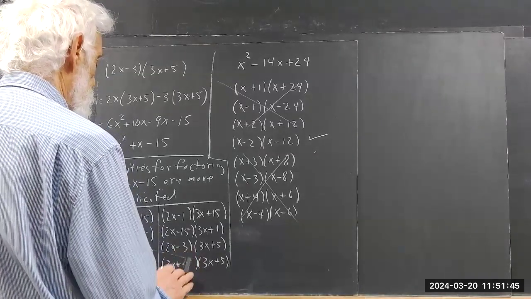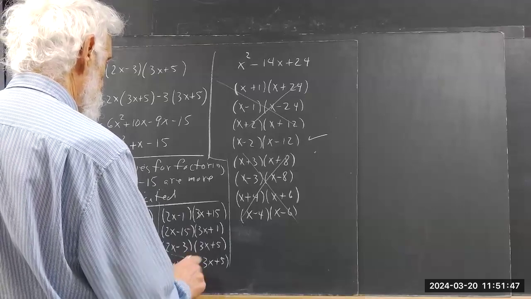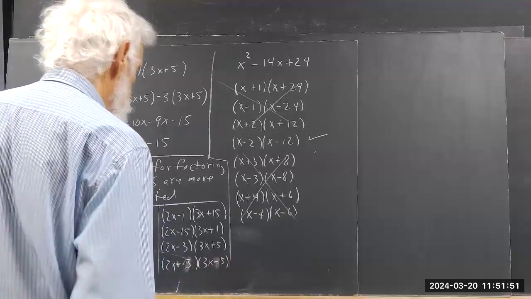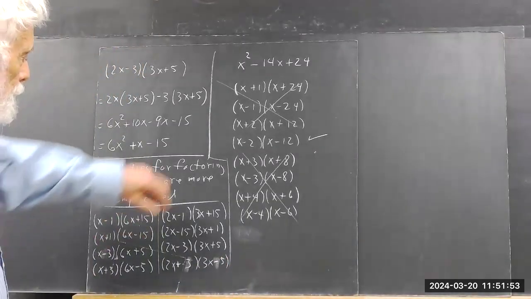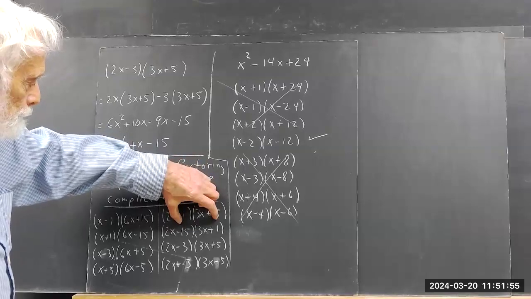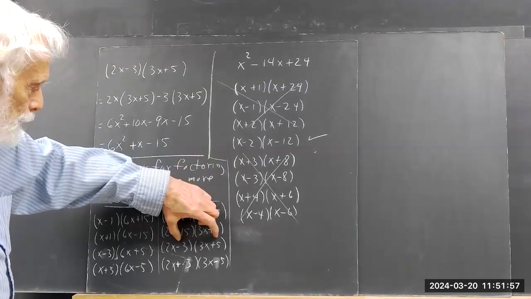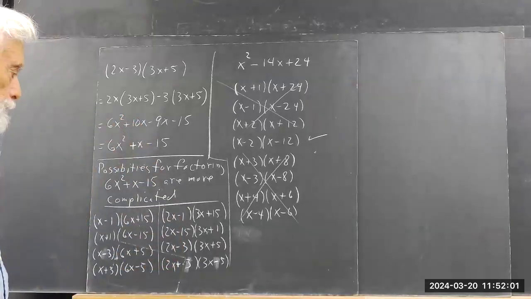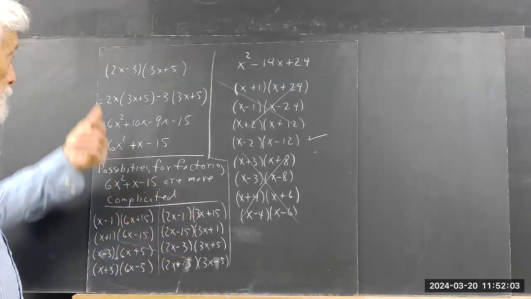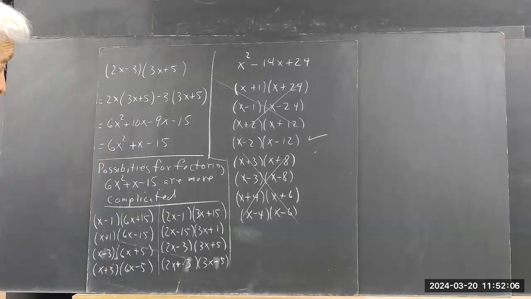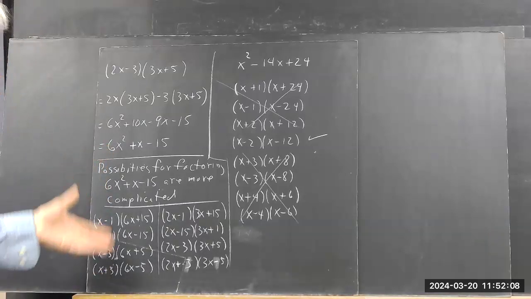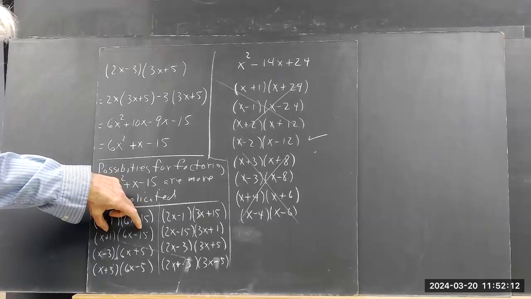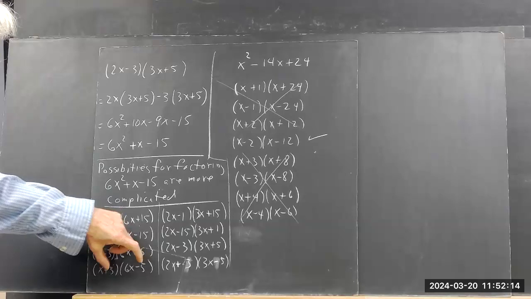That's being systematic, that was not good. Okay, now let's make sure we got -1, 15, -15, 1, -3, 5, 3, -5. Those all multiply out to -15, and of course, 2x times 3x gives us our 6x squared. Okay. Over here, same thing, -1 and 15, 1 and -15, -3 and 5, 3 and -5.